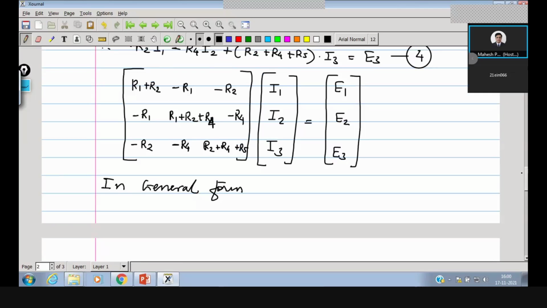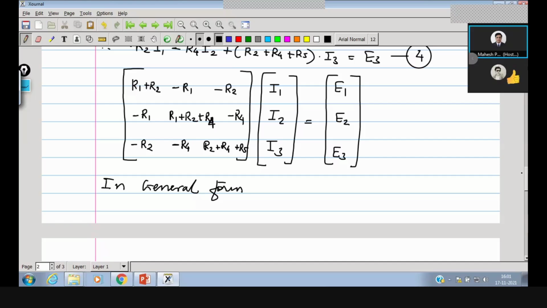Check your figure. In mesh 1, there are two different resistors, R1 and R2. Are you with me? Yes, sir. In the figure, if you look, there are two different resistors, R1 and R2.